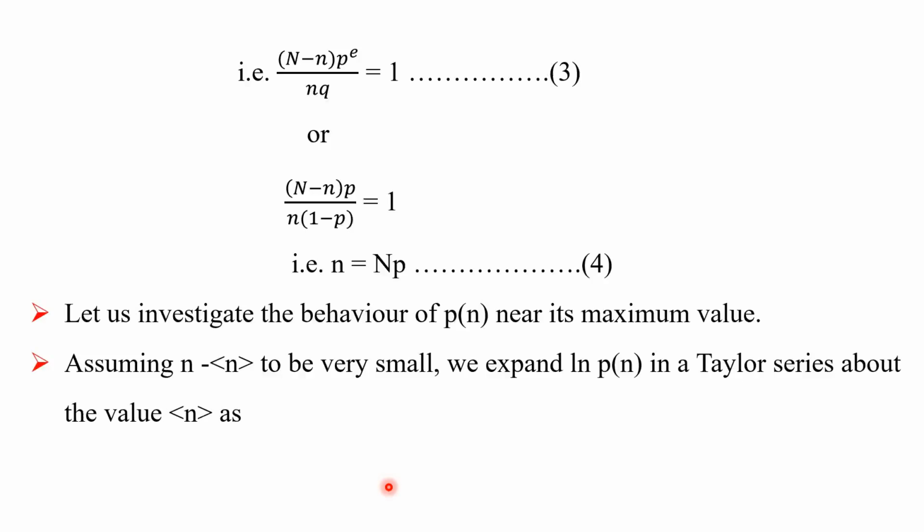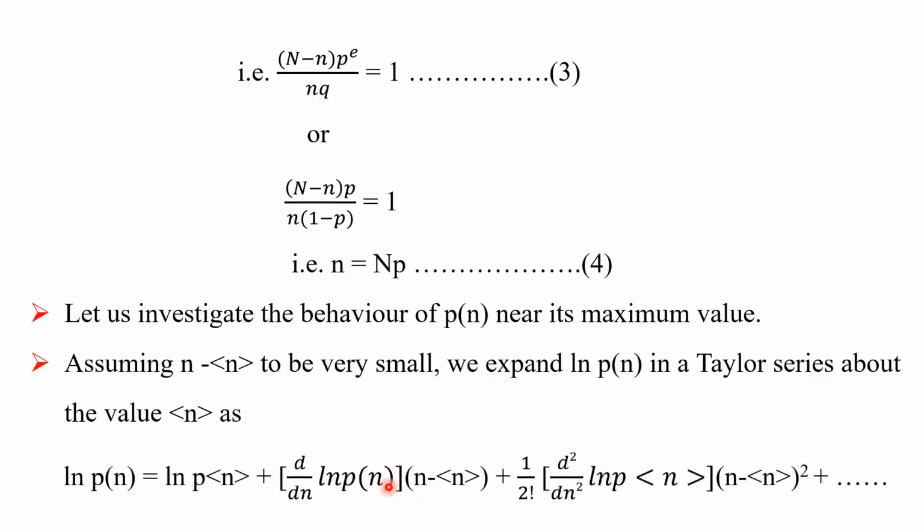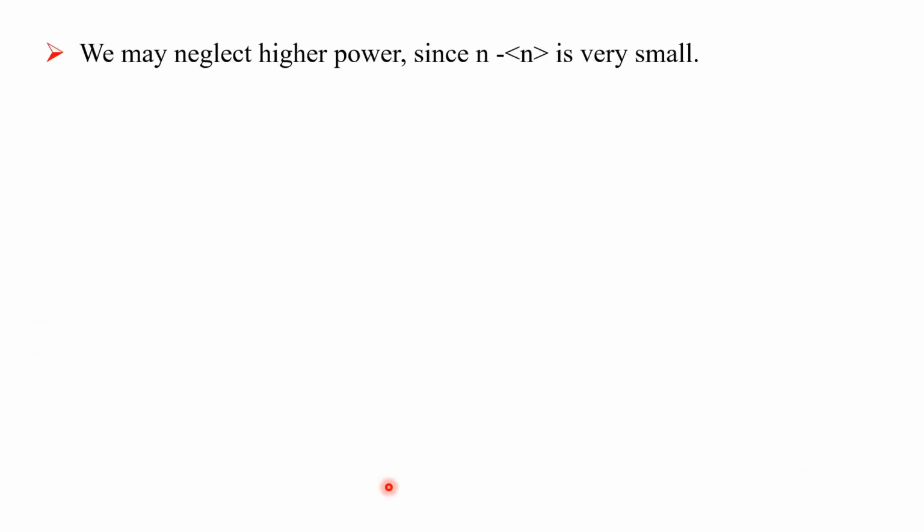Assuming that n minus the mean value n is very small, we expand ln Pn in a Taylor series about the mean value of n as ln Pn is equal to ln P(mean value n) plus (d by dn ln Pn) times (n minus mean value n) plus 1 by 2 factorial (d square by dn square ln P(mean value n)) times (n minus mean value n) square plus and so on. That is the Taylor series. We may neglect higher powers since n minus mean value n is very small.